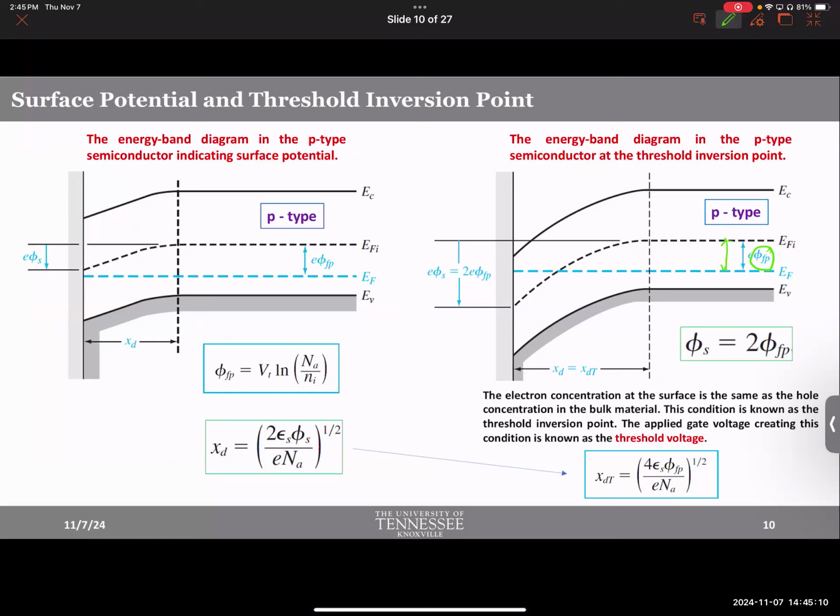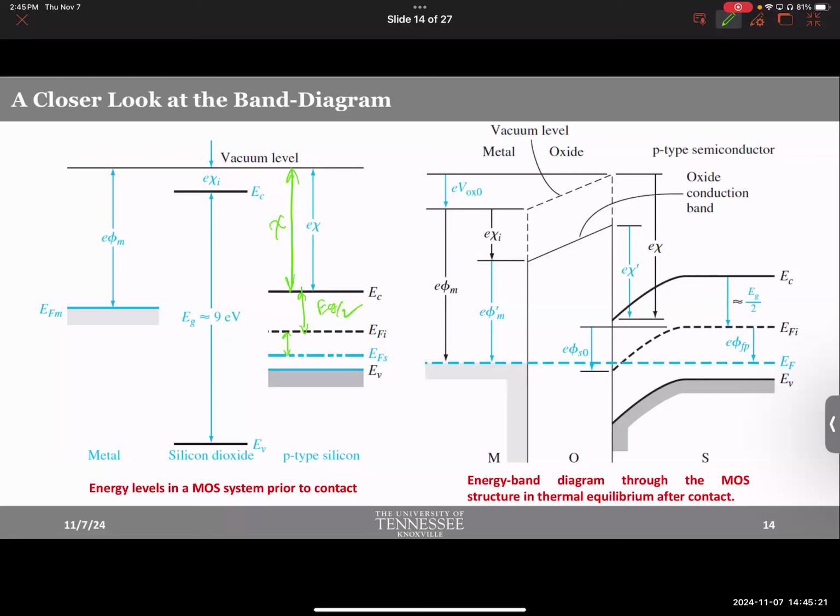And there were even equations like this that helped us calculate that difference, by the way. Notice? That's the reason why you should remember or review. Make sure to review. Okay. So this is phi F, N or P. P, because it's a p-type semiconductor. So there are three parameters: chi, band gap over 2, and then phi FP.